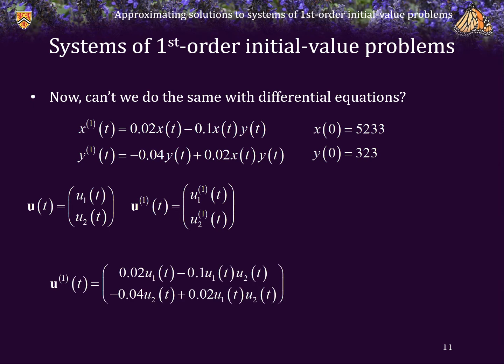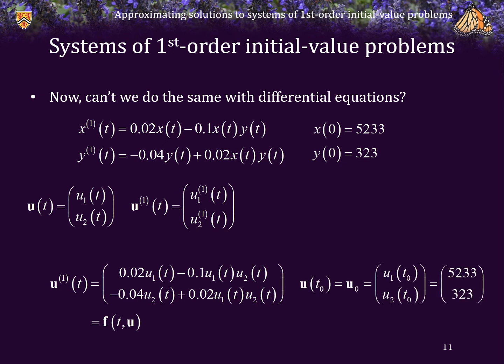We know, therefore, that the derivative of this vector valued function is simply this vector that is two-dimensional, where each entry is an expression in terms of the entries of the vector u. So essentially, this is a vector valued function of two variables. The first variable is the time variable or independent variable t. The second is the position vector u.